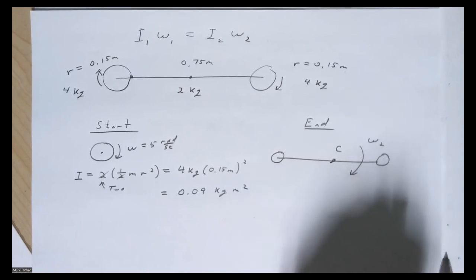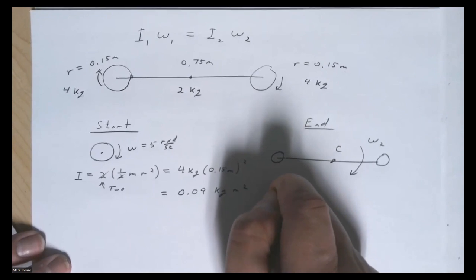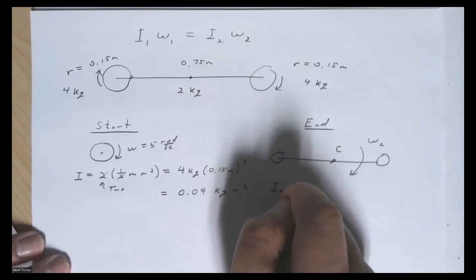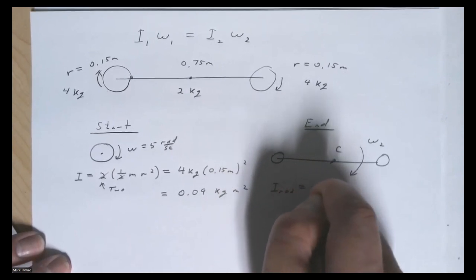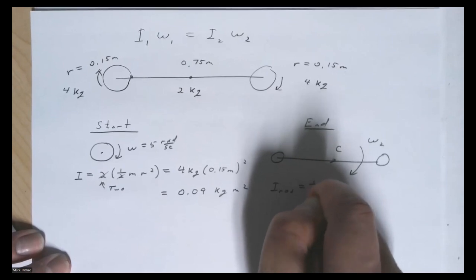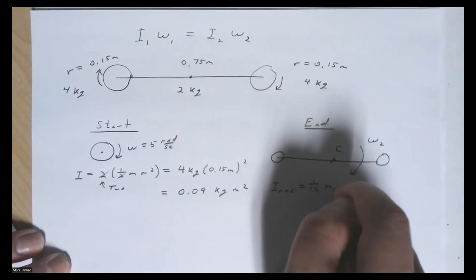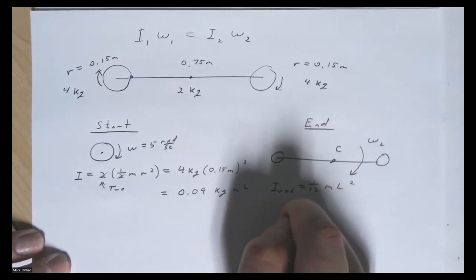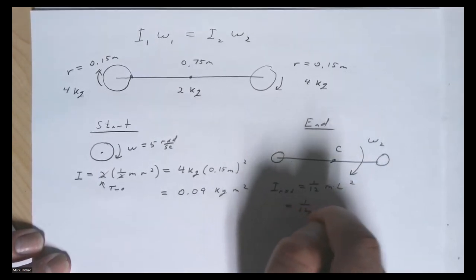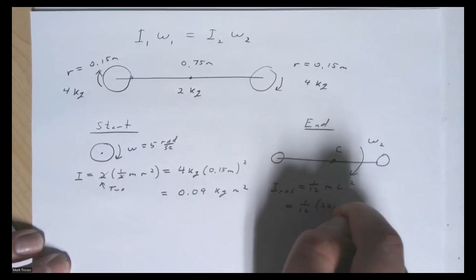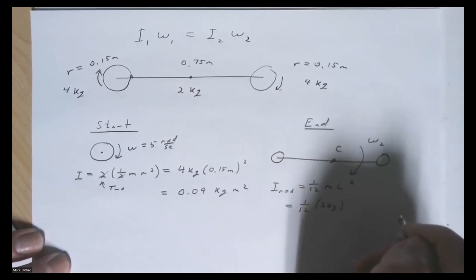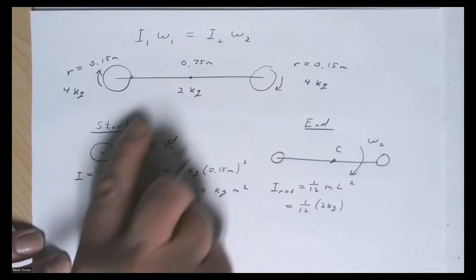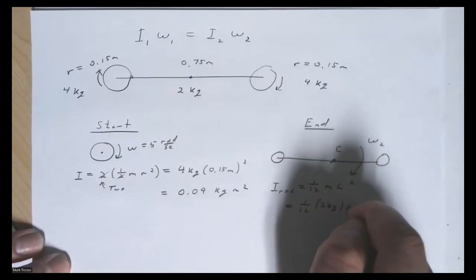And so the rod is going to be a slender rod, 1/12 ml squared, which is going to be 1/12 times 2 kilograms, and that rod length was 0.75.